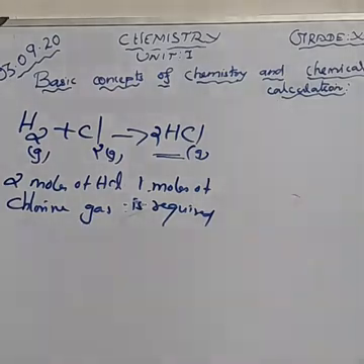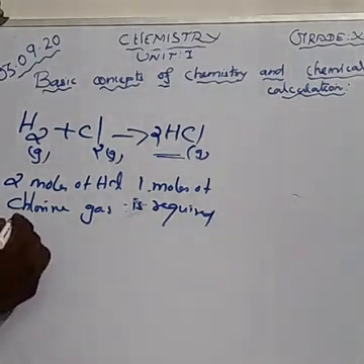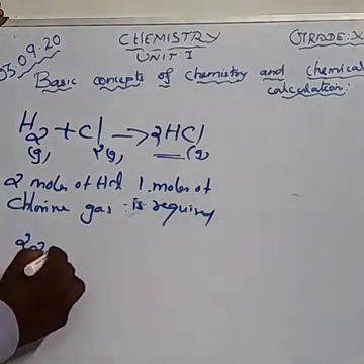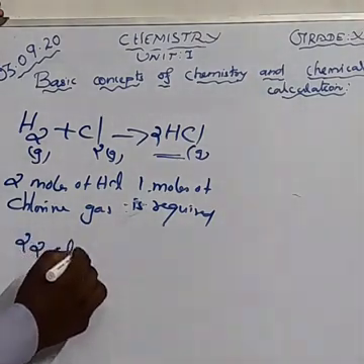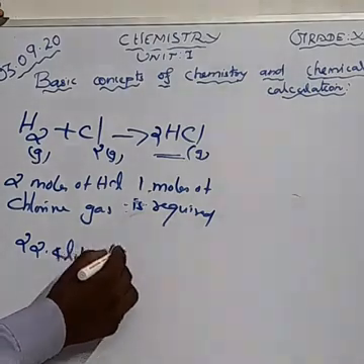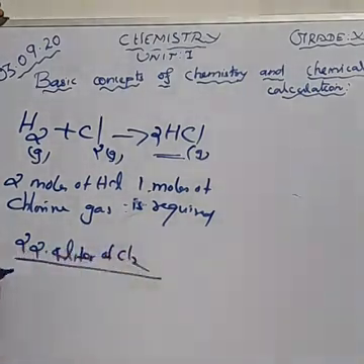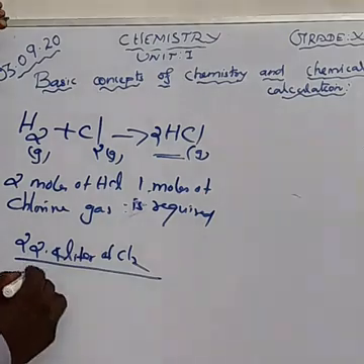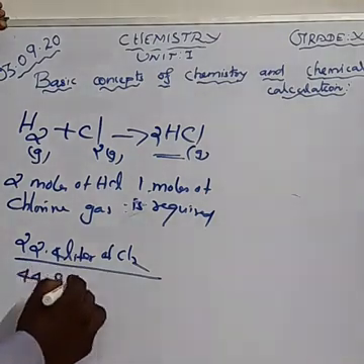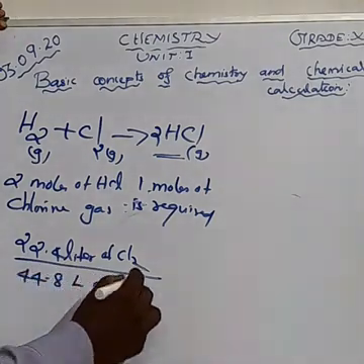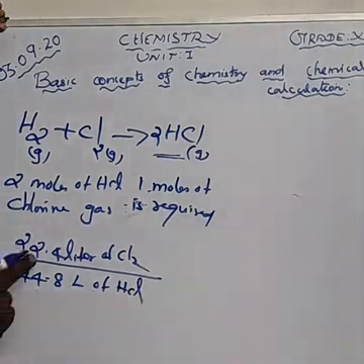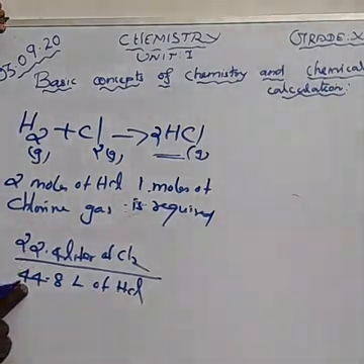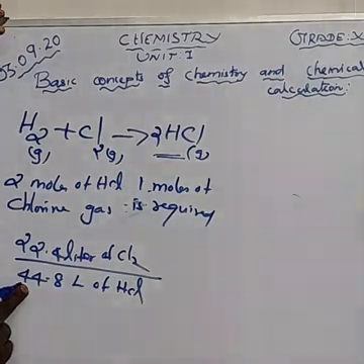Then to produce 11.2 liters of HCl, what is the formula? It is written as 22.4 liters of chlorine divided by 44.8 liters of HCl, multiplied by 11.2 liters of HCl.